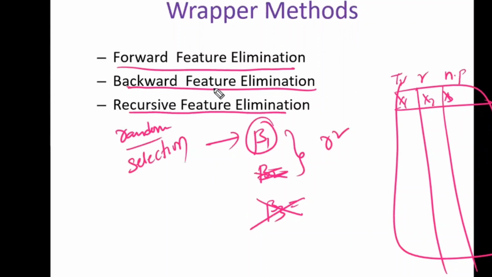For backward elimination and for this one, the code is available. The concept I am explaining. Random selection: it is going to select randomly and remove the unimportant variables. One variable will be selected randomly and removed, and it will check the R square. Again, randomly it will remove one variable, and again it will check the R square. It does this random selection in order to reduce the overfitting problem.